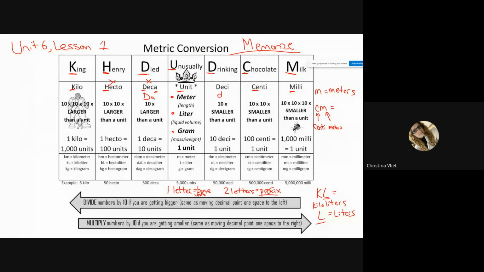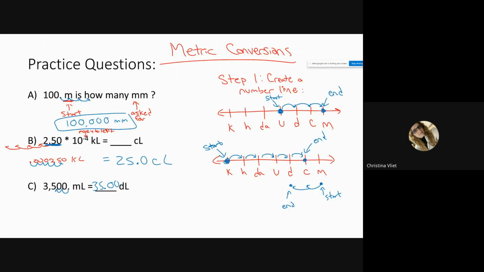Meaning you would have to memorize 1 kiloliter is 1,000 liters. If it's 1 hectoliter, it's 100 liters, and so on and so forth. So you could memorize all of these conversions because I'm telling you, I'm not giving them to you. These will not be given to you on a quiz or test. But what I am telling you is that you don't have to do it this way. You could just use this strategy and solve all your metric system questions that way.